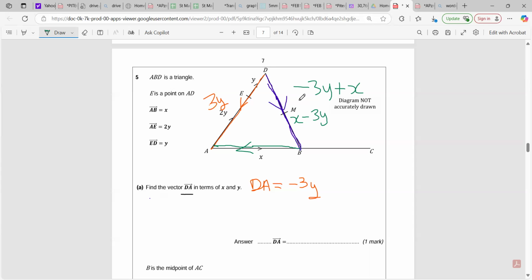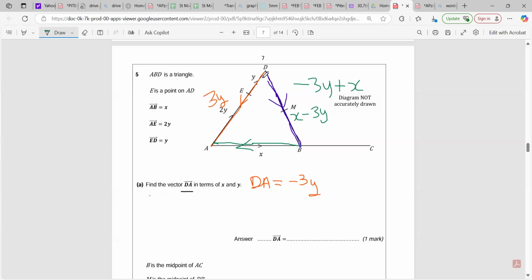Alright, so if we take a route here, we go from D to B, so let me write that: DB plus BA. Notice the letters always line up in the middle, right? Because of from, to.